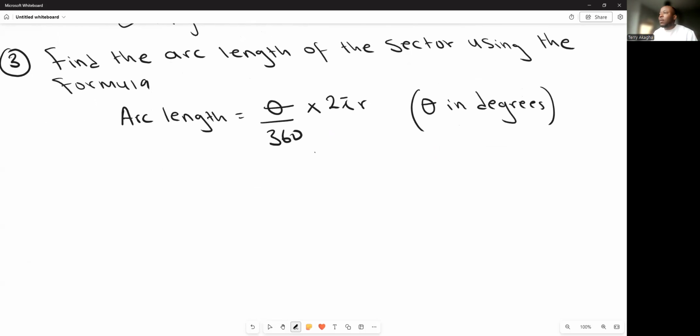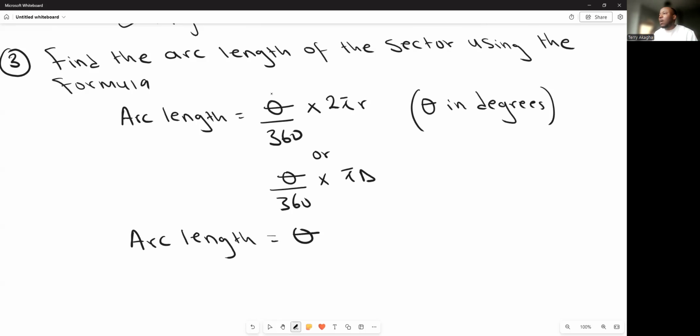Or you can say it's theta over 360 times pi d, all right? So sometimes they give you the diameter, or sometimes they don't. But if theta was in radians, the arc length will be equal to theta r.